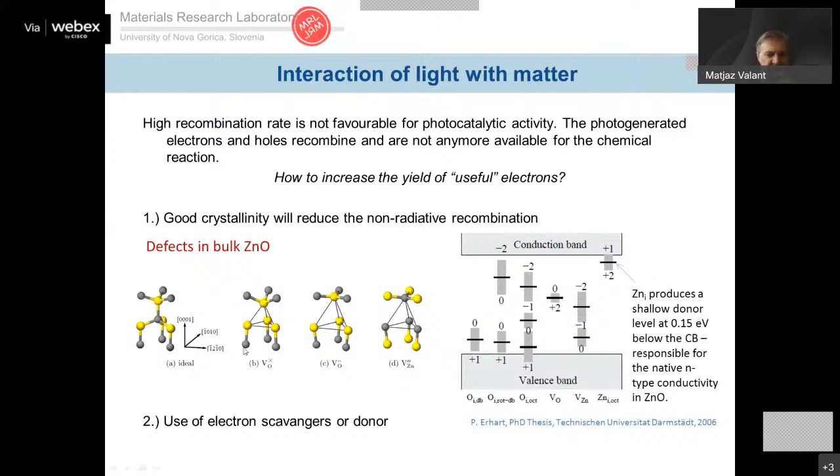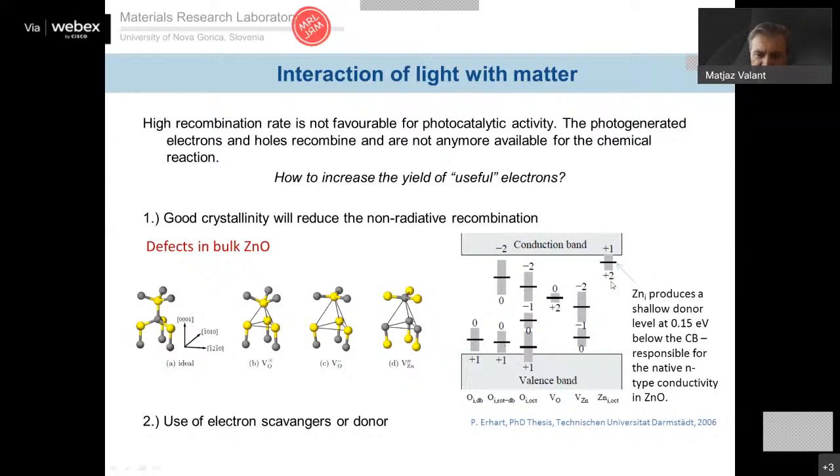And these defects give either an N-type doping or P-type doping. So you see different defects as they are shown here. They create different states in the band gap of the ideal zinc oxide lattice.